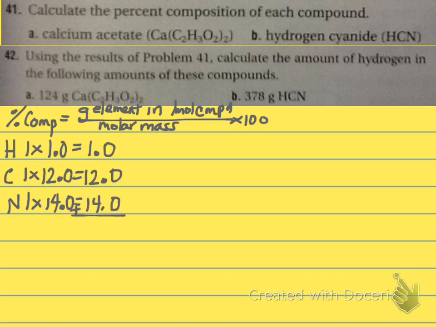I add those up, and I get 27 grams per mole. So the percent of hydrogen is 1 gram per mole divided by the 27 of the molar mass.